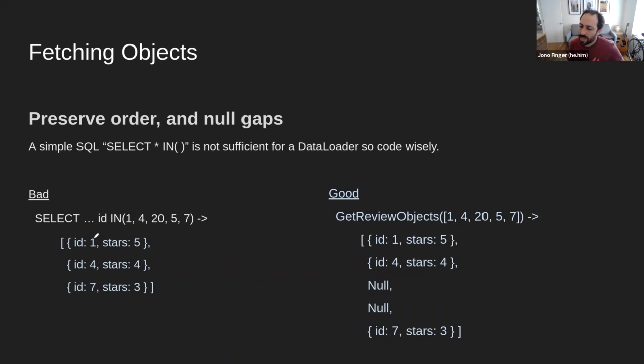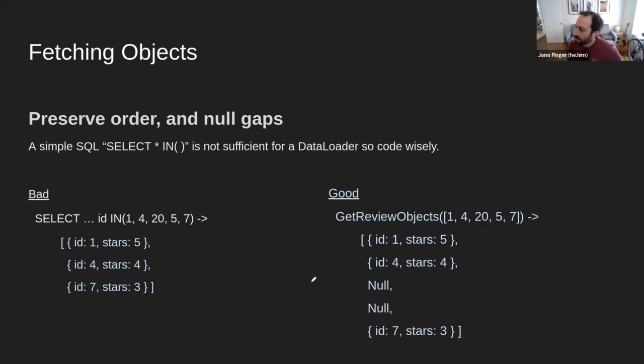Well, your MySQL is going to come back with only 3, and the data loader is expecting you to come back with 5, because it wants a one-to-one mapping. So we have to make them nullable. In a good implementation, you return these null gaps. So it comes back and says, I know that I asked for ID 20 and there is no 20, so it can hold on to the cache.